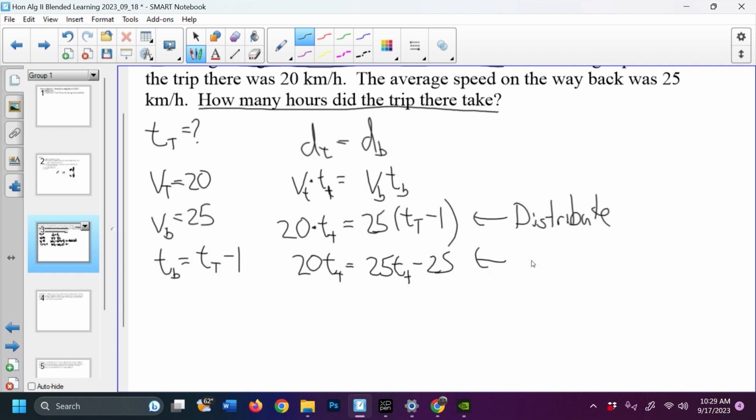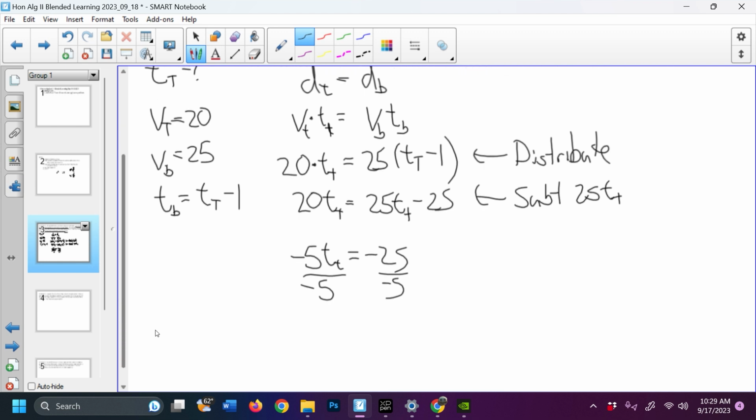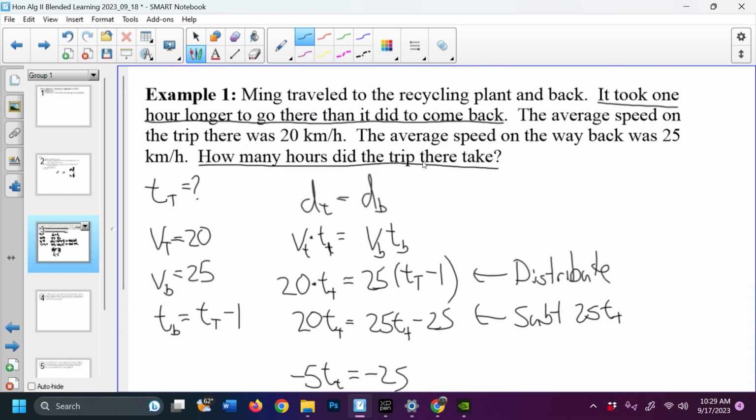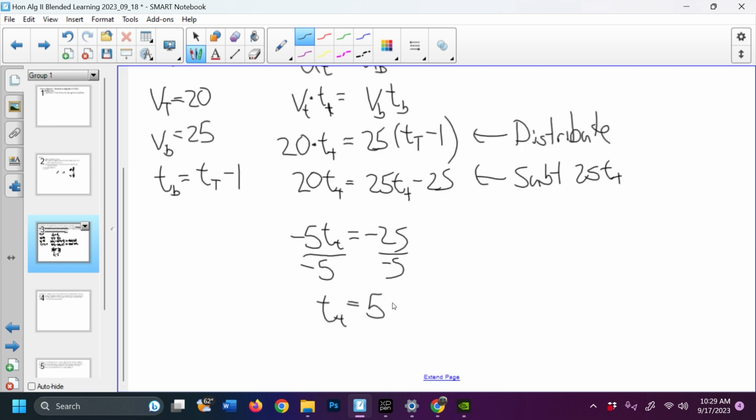Here I will subtract 25t, and that gives me negative 5 times t, because 20 minus 25 is negative 5, equals negative 25. Divide by negative 5, divide by negative 5, and I get the time there to be equal to positive 5. The units they want, how many hours did the trip take? It took 5 hours.